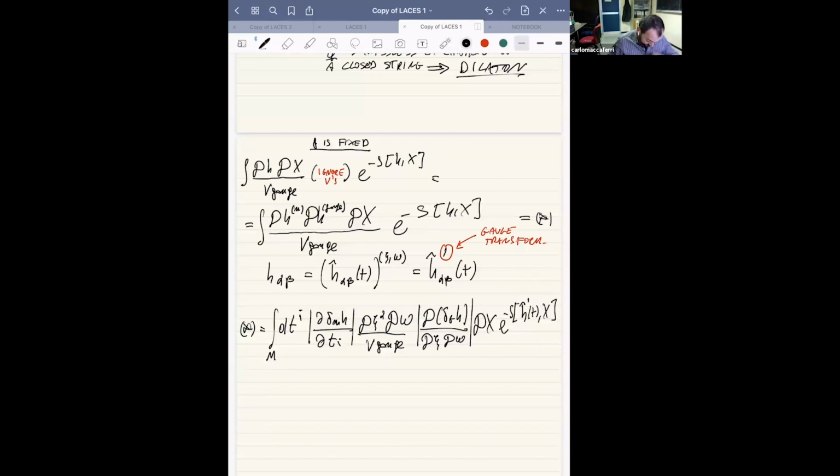Okay. And so now I'm just looking at this integral and making minimal considerations, to see that this integral now simplifies. To see this, first of all, look that here I have my metric. Here I can imagine that I fixed a gauge h hat of t, and then I performed a gauge transformation.